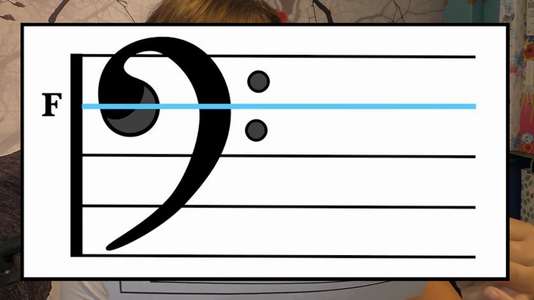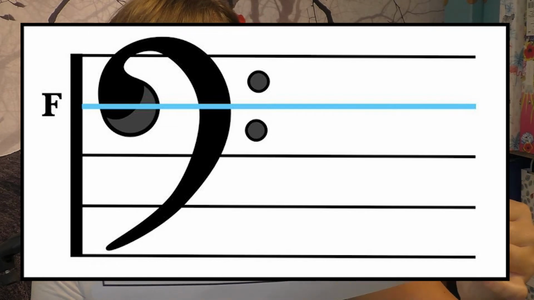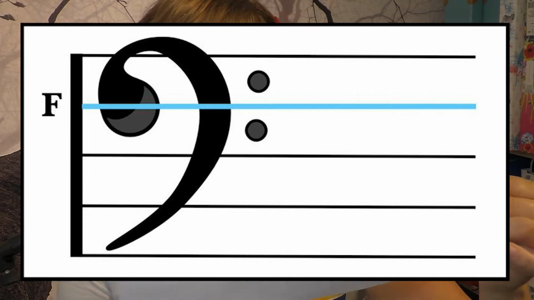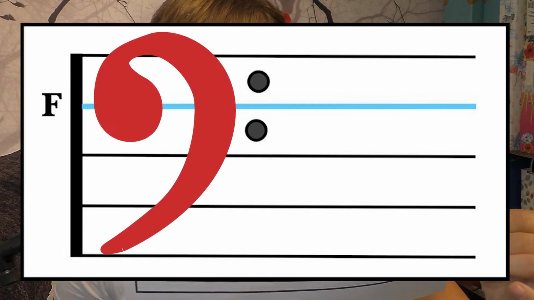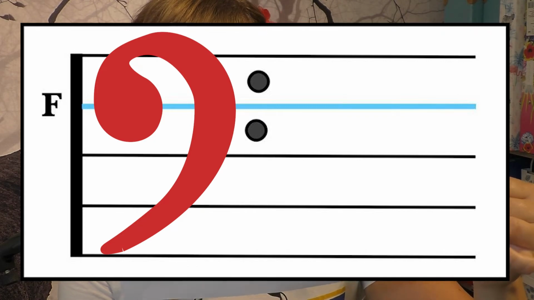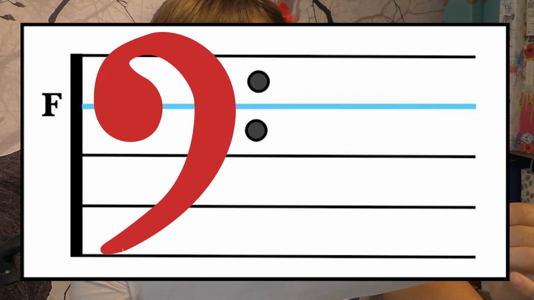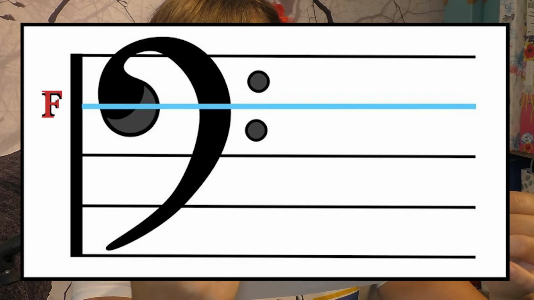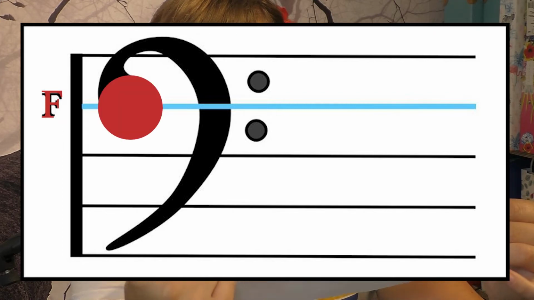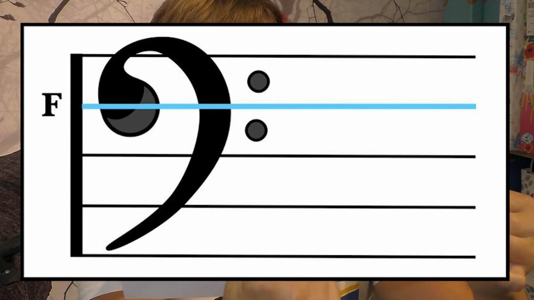Sometimes there is even a help line on the note. I will show you later. The most important thing when we are looking at this symbol, the F key or the bass key, is that this is the key for all the dark and powerful instruments like the cello. It's called the F key because you see here it's an F, and this little big point here is actually on the note F, on the line, right on it.